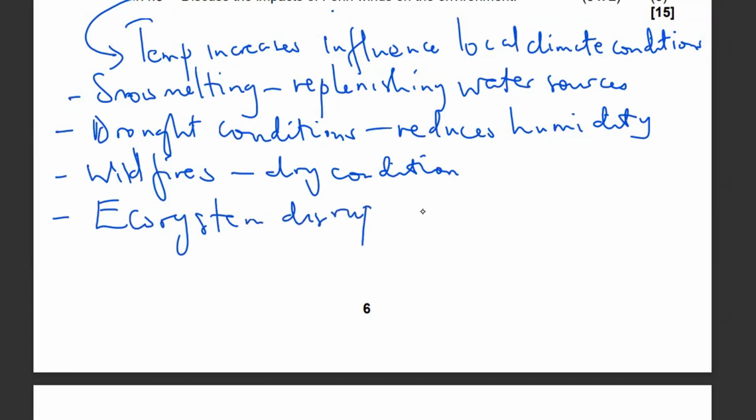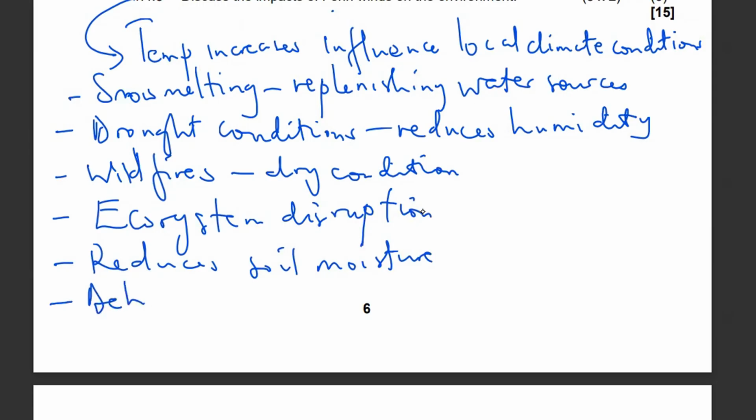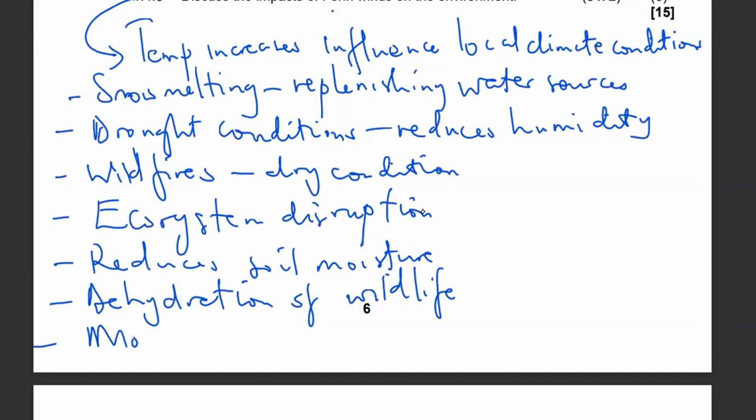Because of excessively high temperatures, it tends to disrupt some ecosystems. And also we can talk of it reduces soil moisture. Dehydration, moisture stress on vegetation.